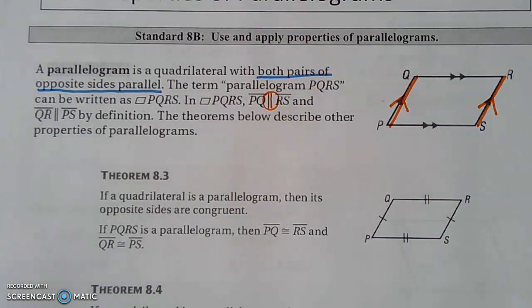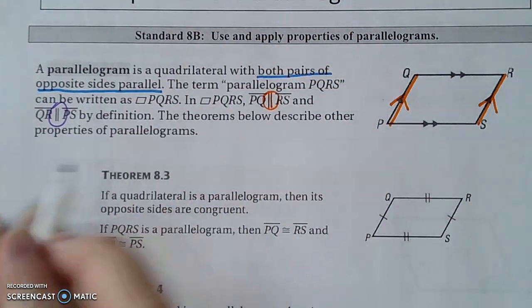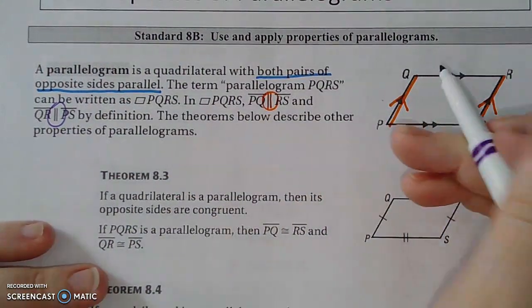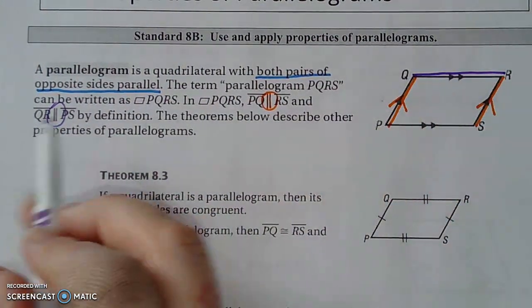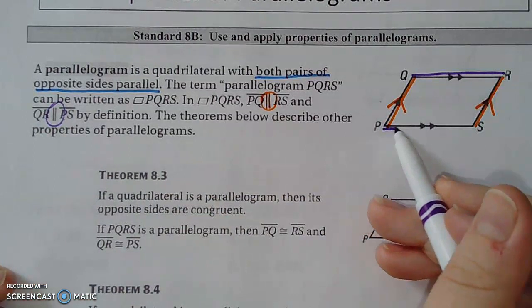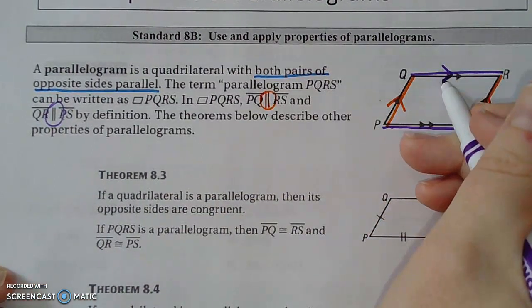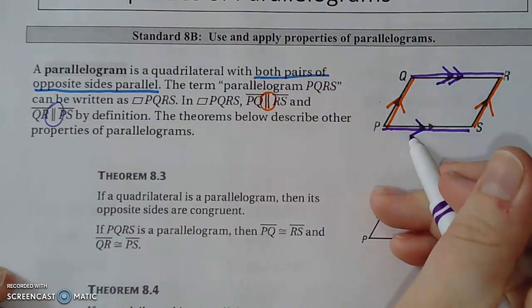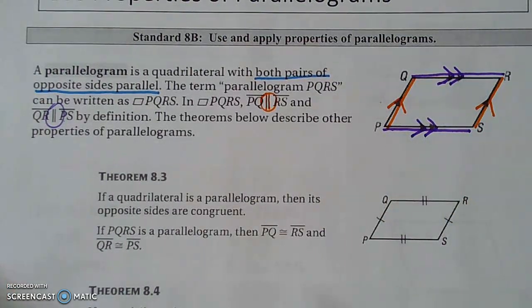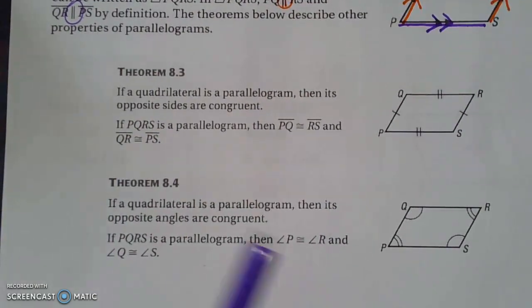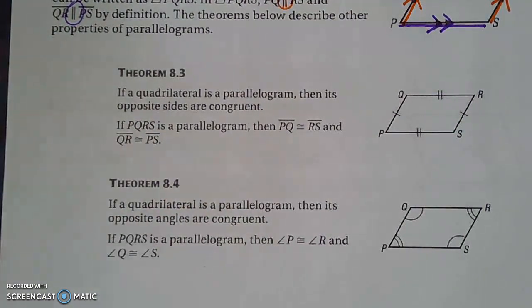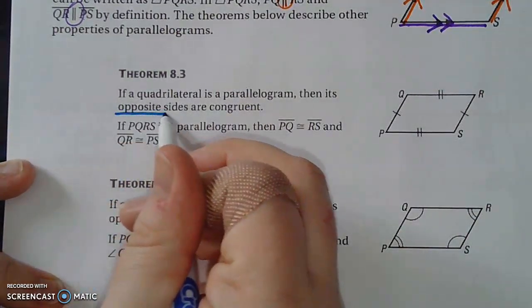So if we check it out again, I'm seeing the side QR and the side PS have two arrows as opposed to just the one, and that's telling me that they are parallel to each other.